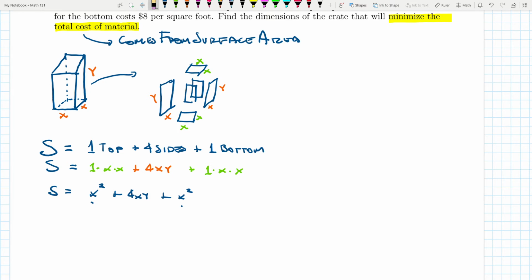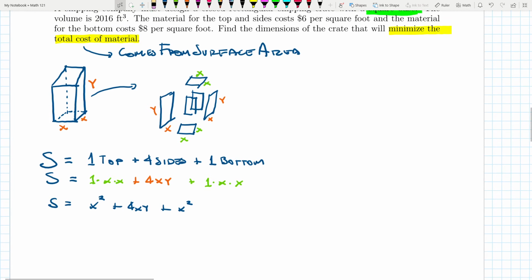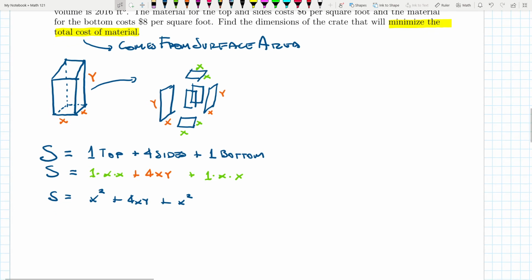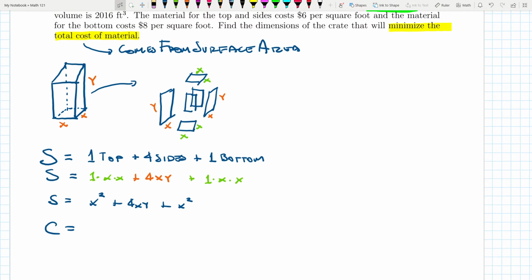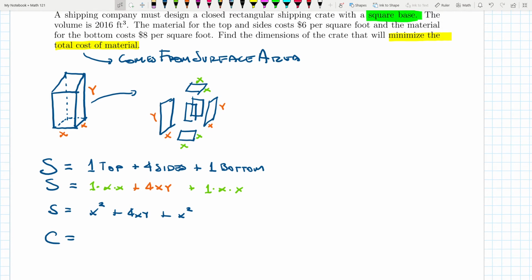No, the reason we're not going to combine them is because I will turn this surface area function into a cost function by multiplying each part by its material cost, which in this case, they're telling us that the material for the top and the sides costs $6.